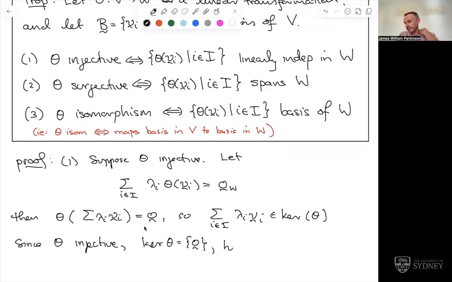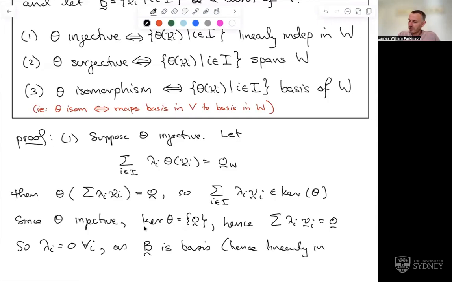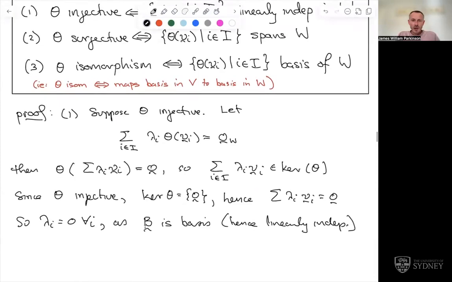So hence sum lambda i vi is 0, but the vi's were a basis, so they're linearly independent. That's basis, hence in particular linearly independent. Okay.